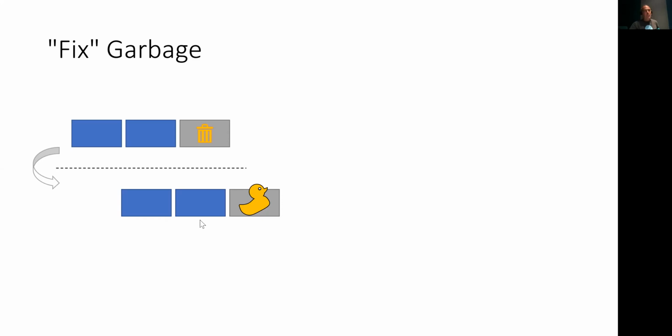And finally, we may try via the ETL process to fix the garbage, to make it into something that was not there in the source. So I'll just put a rubber ducky instead of the garbage can. So garbage we know stinks, it's not good. What's wrong with rubber ducky?